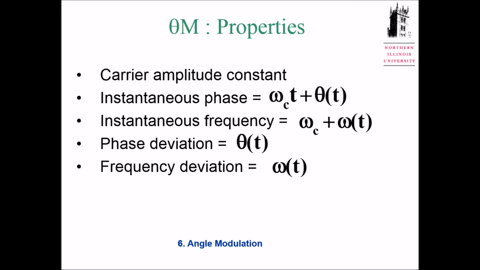And omega(t), we assume this is the derivative of theta(t). So phase deviation is theta(t), and frequency deviation is omega(t). Any problems, questions from this one?